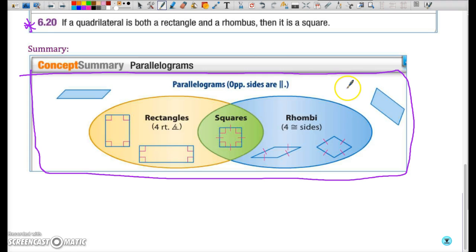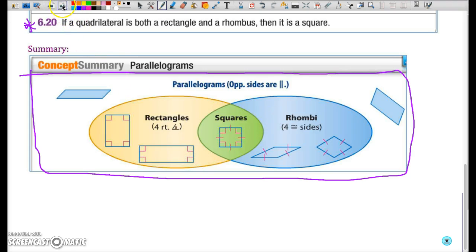So all rhombi are parallelograms, but not all parallelograms are rhombi. Similarly for rectangles, all rectangles are parallelograms, but the reverse is not necessarily true. And when you combine the characteristics of a rectangle and a rhombus, you get a square, which has all characteristics of parallelograms, rectangles, and rhombi.